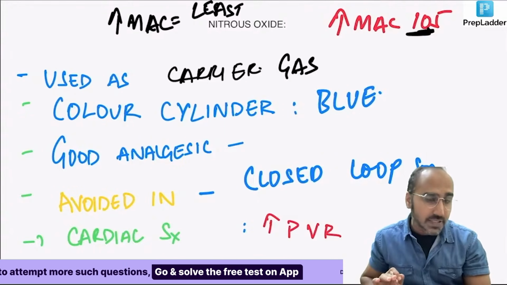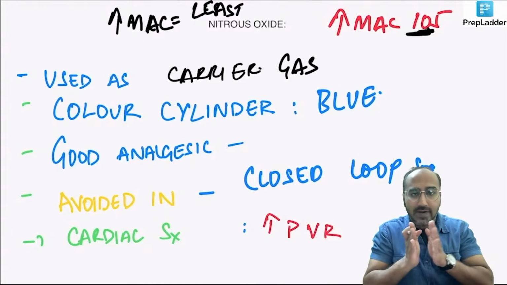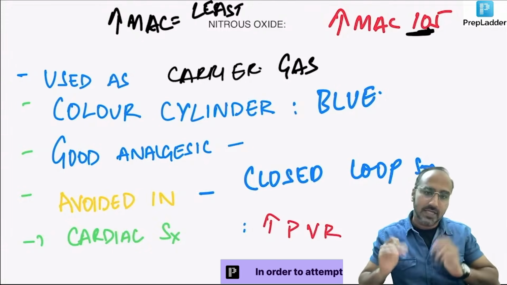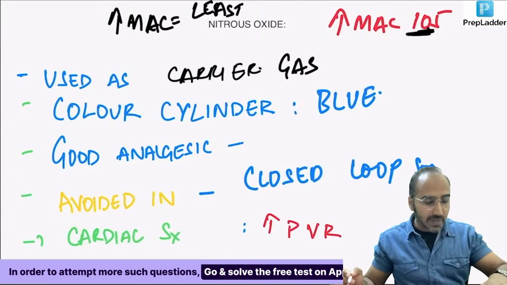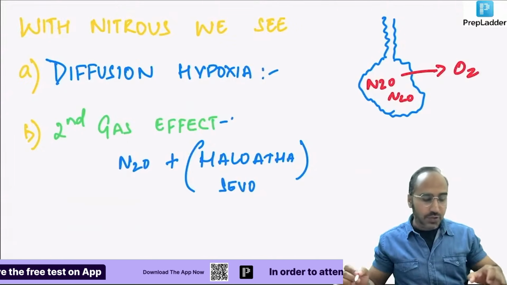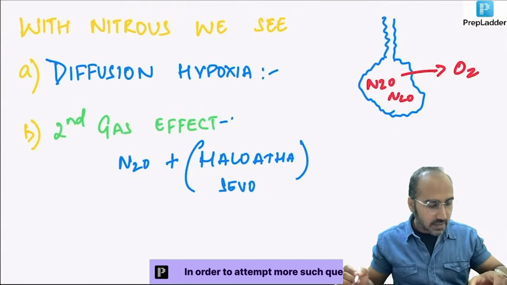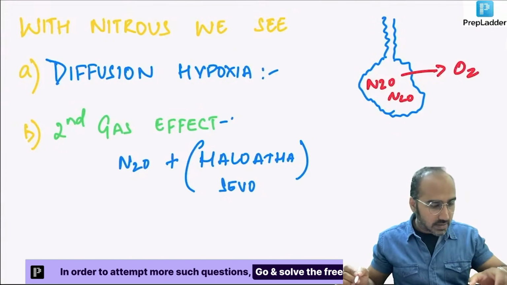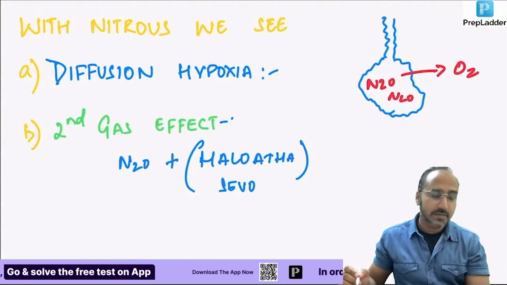Why is nitrous avoided in closed loop surgery, guys? If you give nitrous in a closed loop, it will expand the air containing cavities, so nitrous is avoided. What two things will you see with nitrous? You will see diffusion hypoxia, and you will also see the second gas effect.